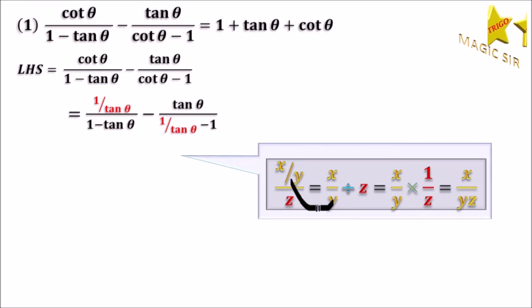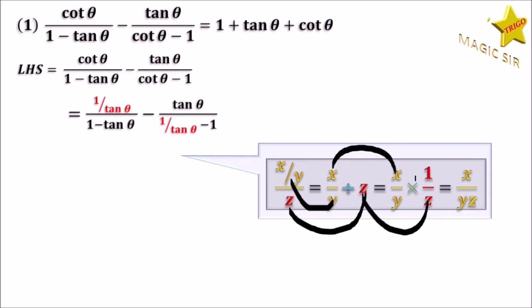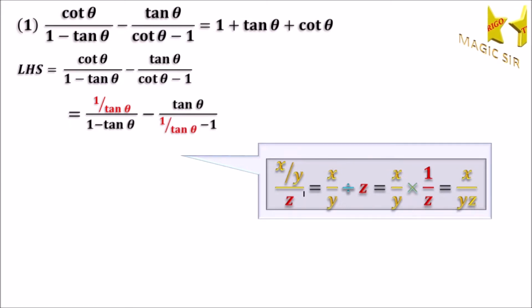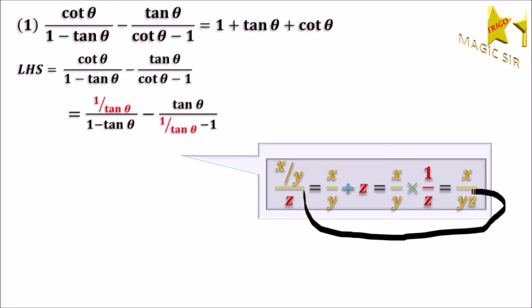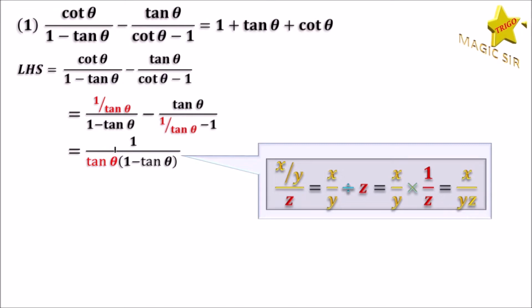So we can write x upon y divided by z, that is x upon y times 1 upon z. It is equal to x upon yz. So our first fraction is x upon yz. So LHS is equal to 1 upon tan theta into 1 minus tan theta.